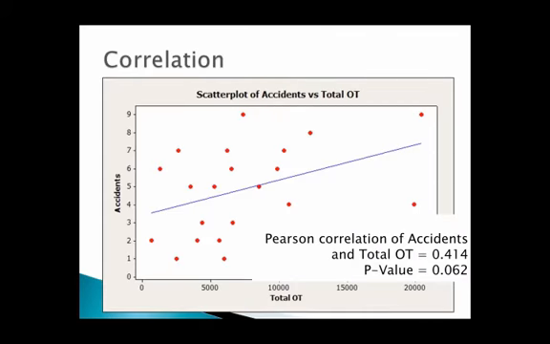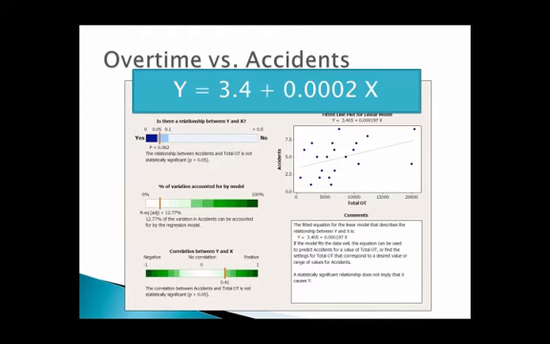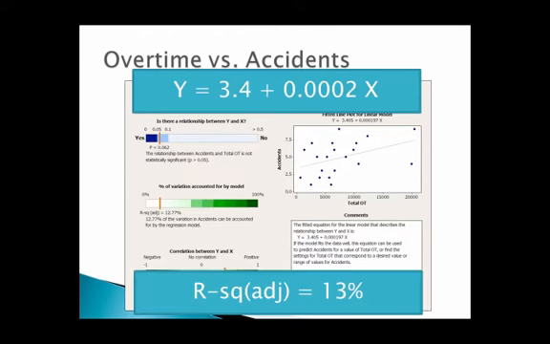Let's find out. So we plotted it. We did a correlation coefficient. I can't see it on my screen, so let me move it over. And it looks like, yeah, there's a correlation. My p-value is fairly low. There's only a 6% chance that I'm wrong if I say there's a correlation. But what's the problem? Just because you have correlation doesn't mean that your model represents the root cause. So you have to look at your R-squared, specifically your R-squared adjusted, which accounts for additional variation.